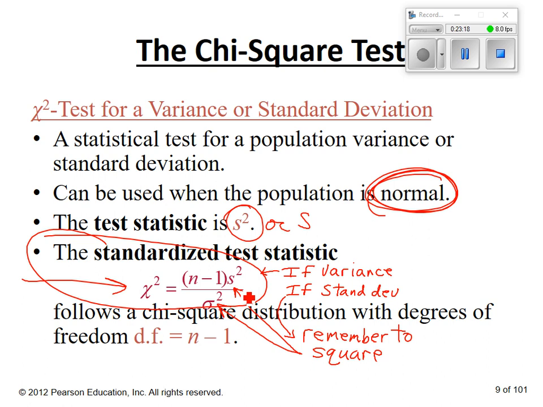So if it's variance, they're going to tell you what S squared is and what sigma squared is. But if it's standard deviation, they're just going to tell you S and sigma, and then you got to remember in your calculations to square the two. So variance one way, standard deviation another way.